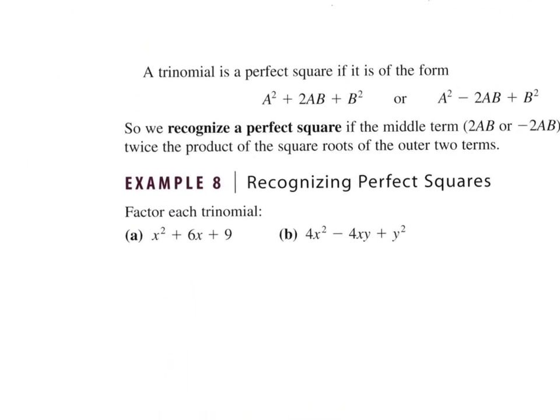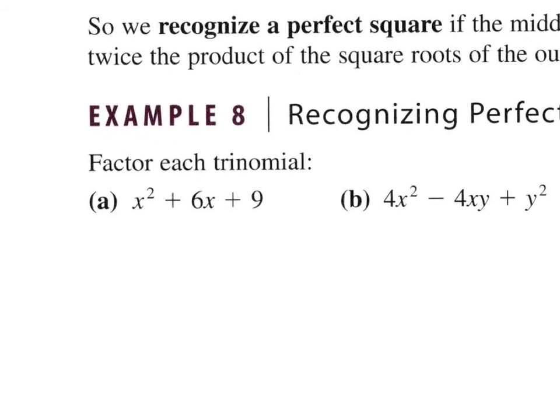For example 8a, we have a perfect square trinomial. So what happens when we do these is that we're going to take the sign of that middle term and apply it to a 2, so it's going to be positive 2. Then we're going to take the square root of the first term, that's just x, so we'll multiply it by the 2. Take the square root of the last term, that's 3, we'll multiply it by the 2. This gives us the 6x that's in the middle, so that's our b term.